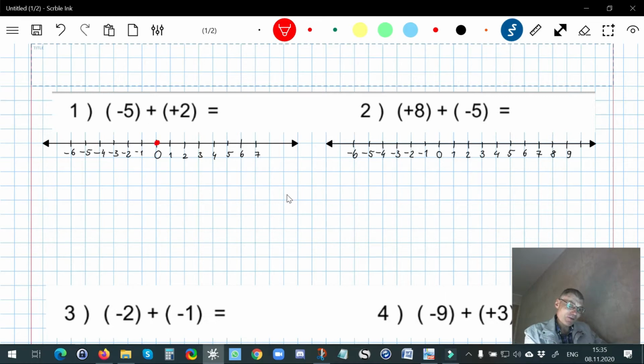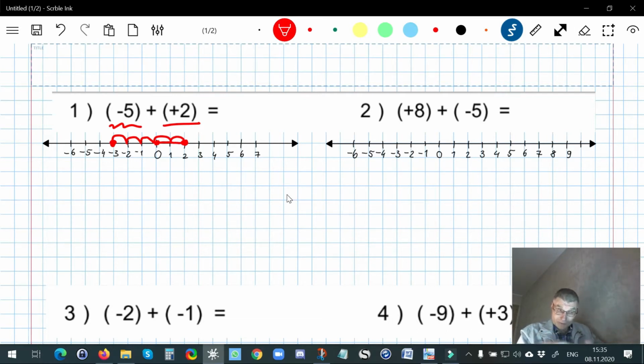I start at 0 and go this time 2 steps to the positive side and finish at +2, obviously. Then my next step is to go to the negative side 5 steps, like it's demanded here. Let's go. 1, 2, 3, 4, 5. And a small miracle, I end up at the same number, -3.